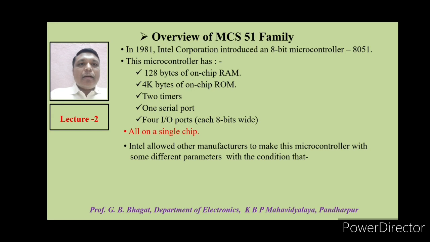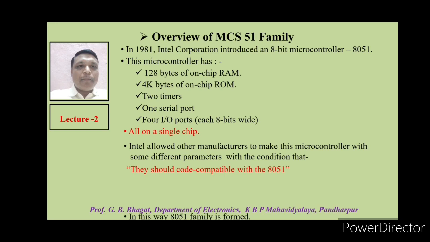Intel also allowed other manufacturers to make this microcontroller with some different parameters, but one condition was there, that they should be code compatible with 8051. Here code compatible means the programs written for other microcontrollers should be executable on this 8051 microcontroller.